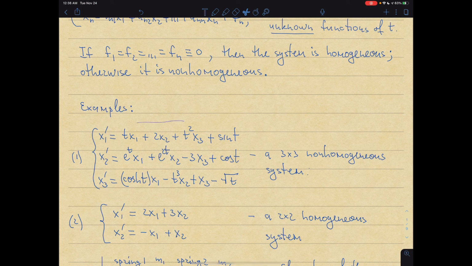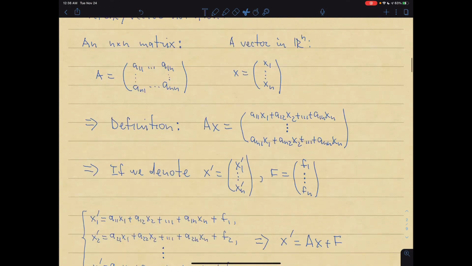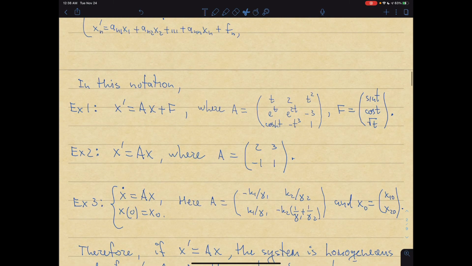And then the matrix A of coefficients will be dictated by t, 2, t squared, etc. So basically the matrix is just composed of these coefficients. One thing that I'm missing here is a minus sign. So f, like I said before, in this first case is this vector of three functions, and then if you compare to the example above, this would be a matrix A of coefficients.